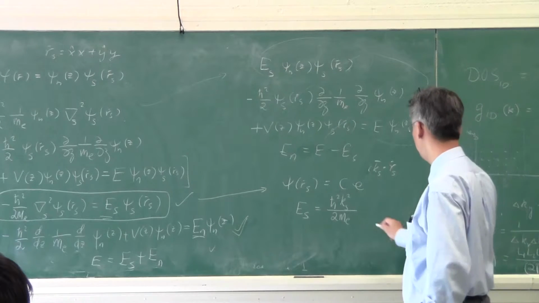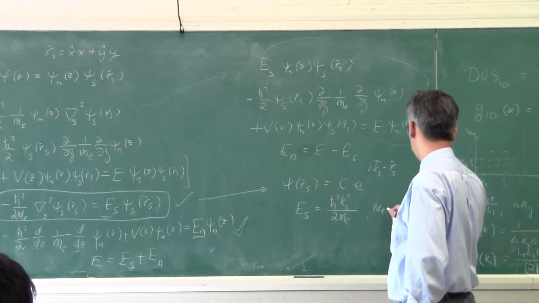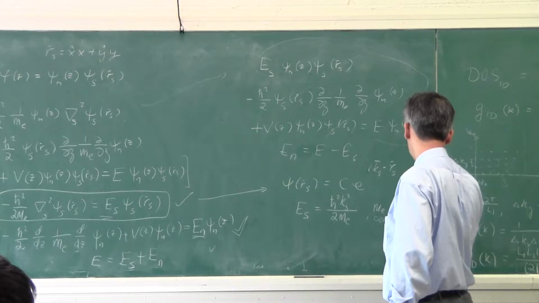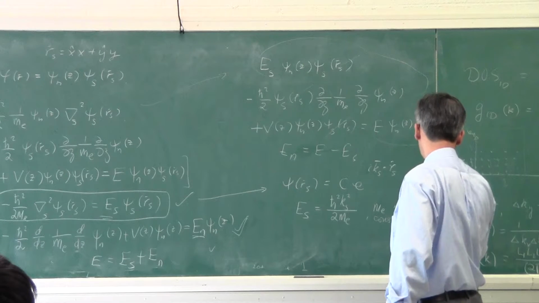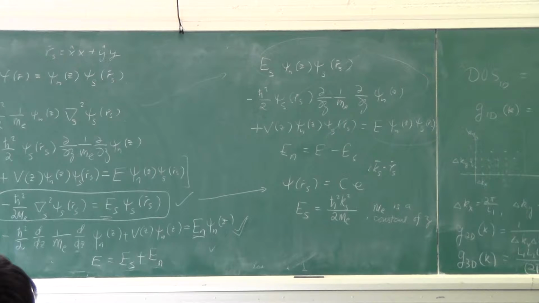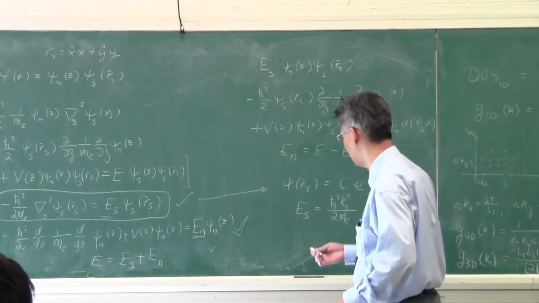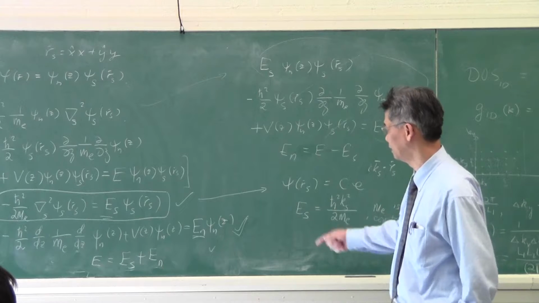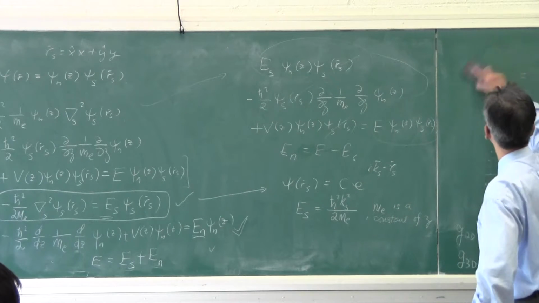Let's assume that m e is a constant. If it's not a constant of z, then you have trouble at this stage. Let's assume that it's a constant to make life simpler. There are other ways of treating the problem where m e is not a constant of z, but let's make things simpler at this point.